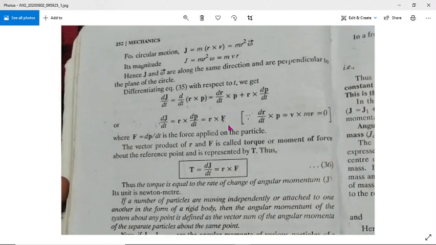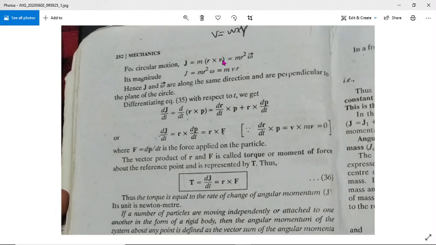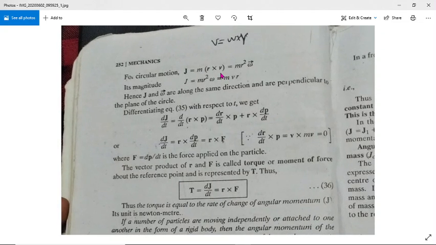For circular motion, the velocity is omega R, and R and V are perpendicular, so the magnitude is m R V, and instead of V we write omega R, so it is m R square omega, or m v R.